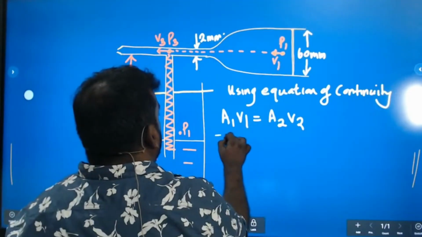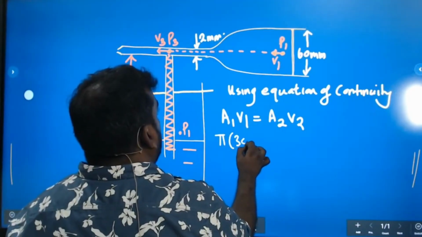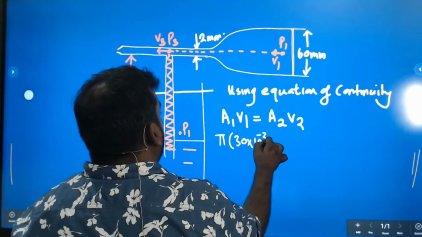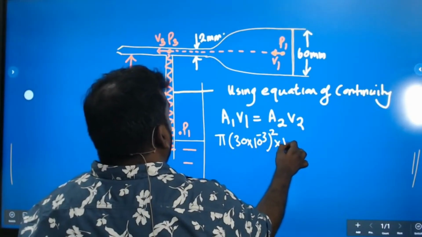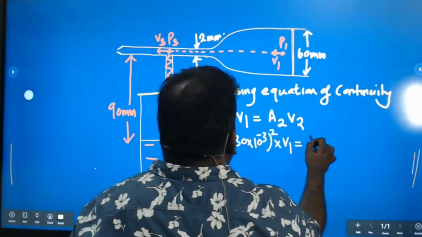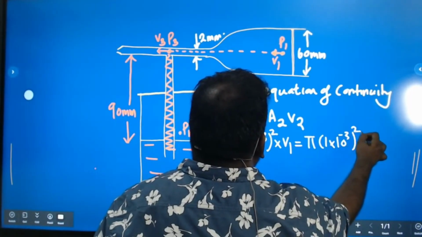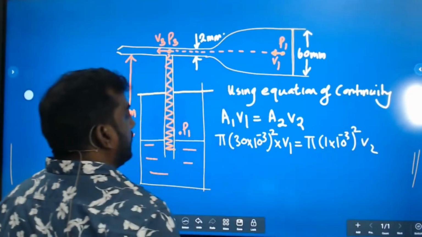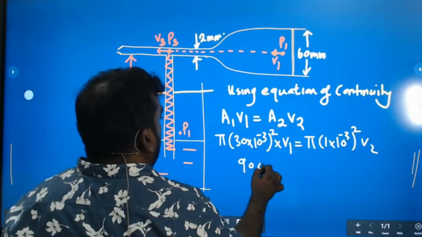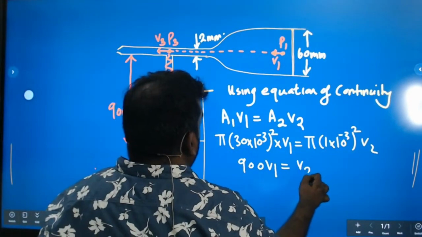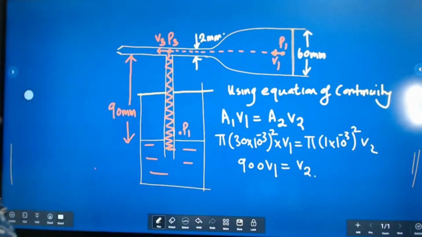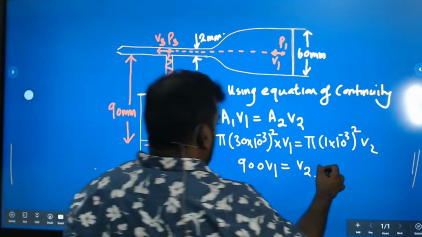Area A1 is pi times radius 30 millimeter, converted to meters squared, times velocity V1, equals pi times (1 × 10 to the power minus 3) squared times V2. Simplify it: V2 is 900 V1. This is equation 1.